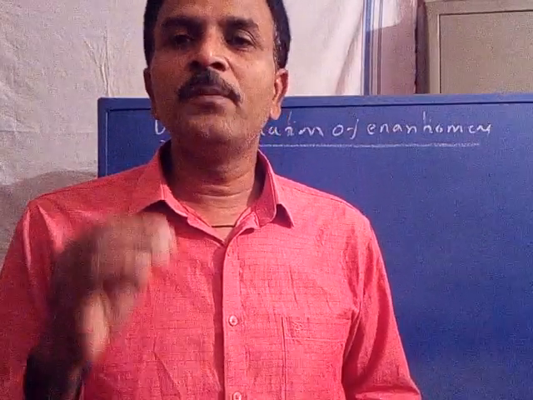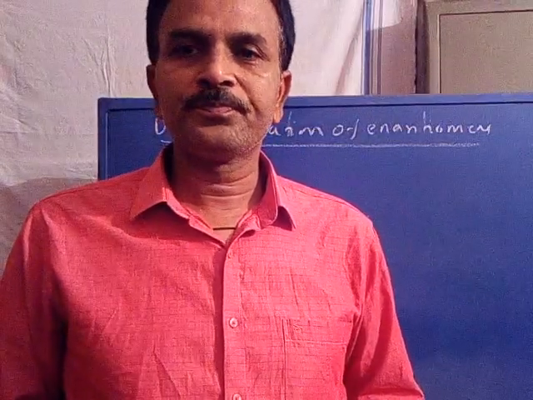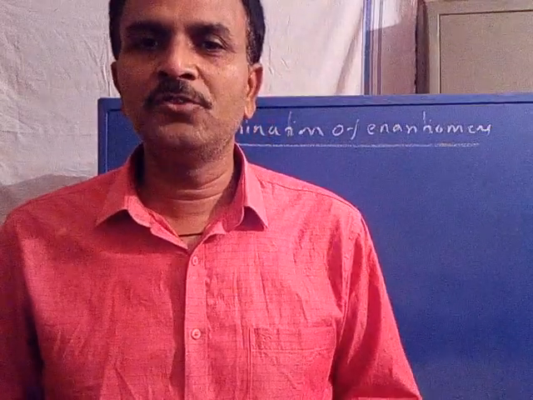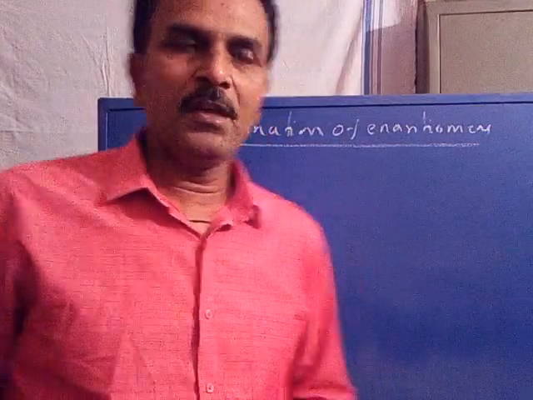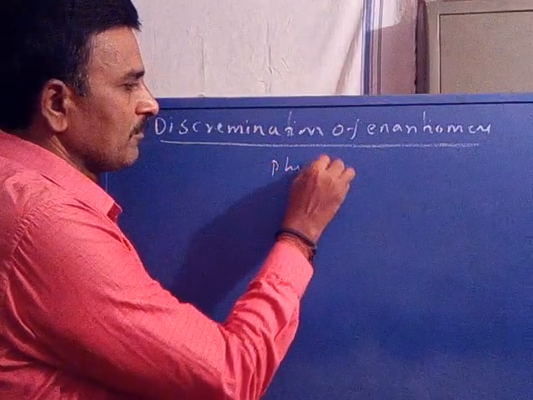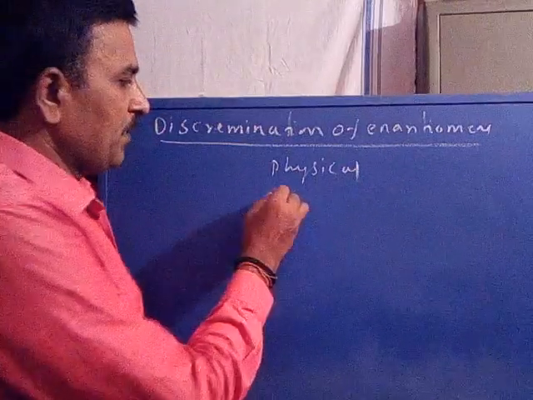So, an enantiomeric mixture contains 2 isomers. The isomers present in the enantiomeric mixture possess similar physical properties and also similar chemical properties.